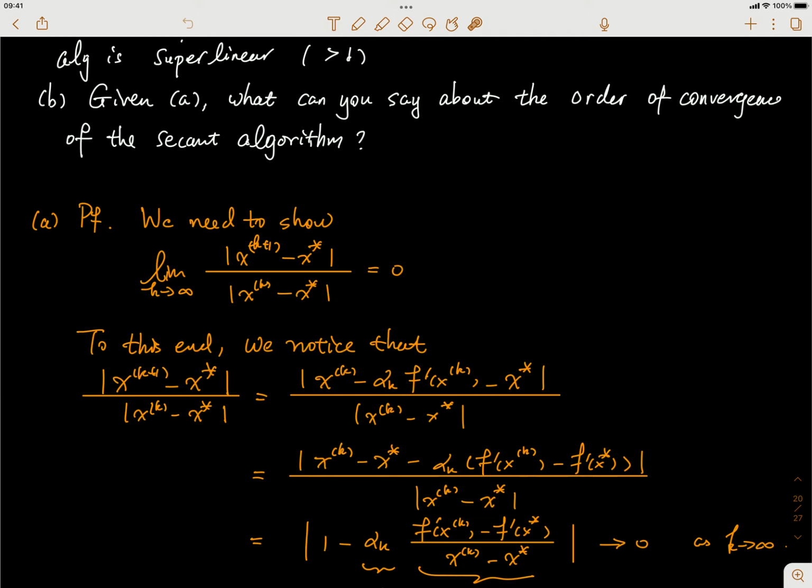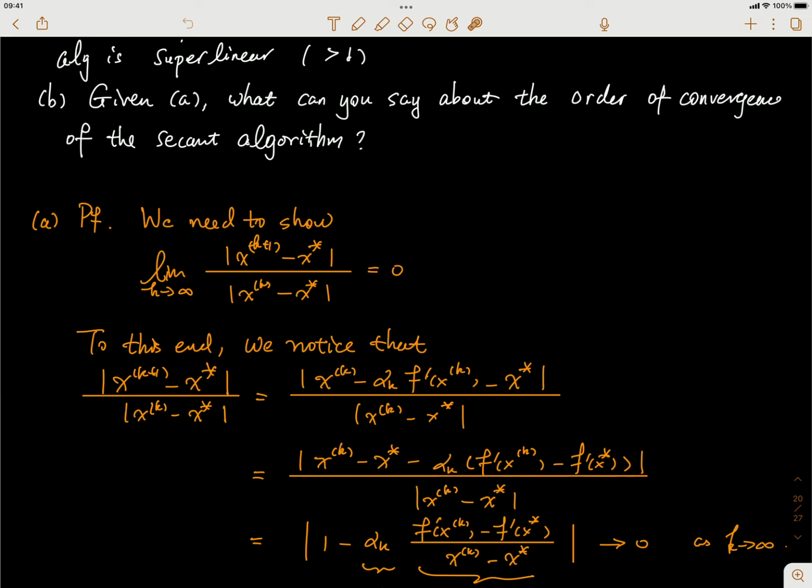That means the limit of this ratio should be equal to 0. The ratio is xk plus 1 minus x star, which is the distance between the new iterate xk plus 1 and x star, and the denominator is the old difference. So we want to show that this is equal to 0. In general, to show the sequence has a convergence order of p, we need to show that this is equal to some fixed, finite number.